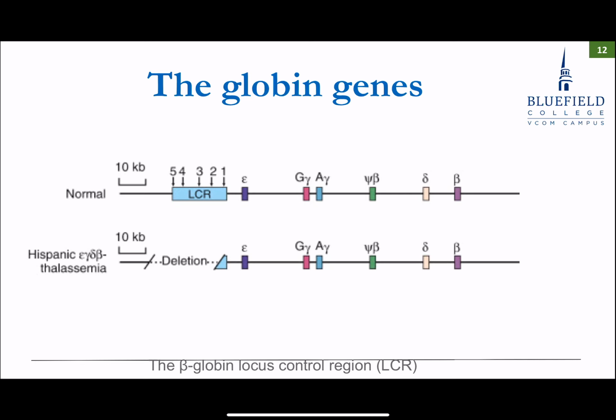And they have some important clinical consequences, including hemolytic anemia, which occurs because the hemoglobin tetramer is not stable.